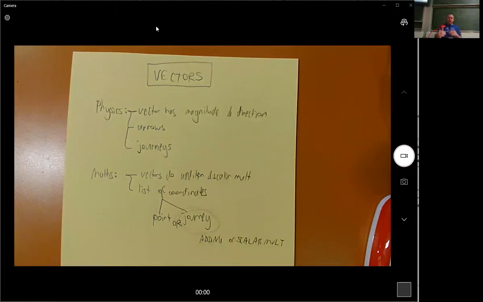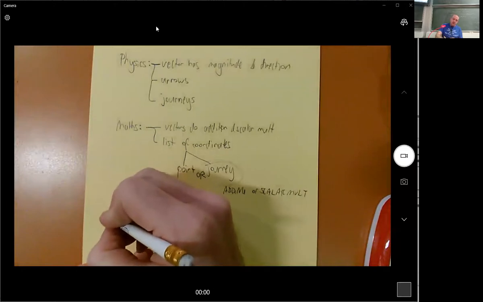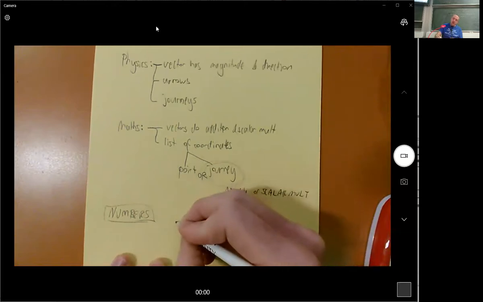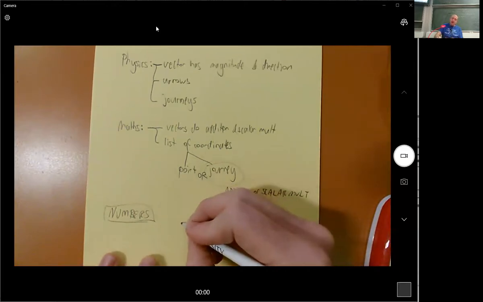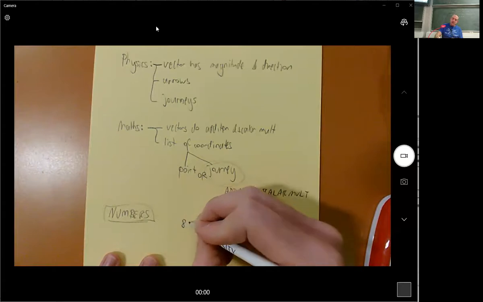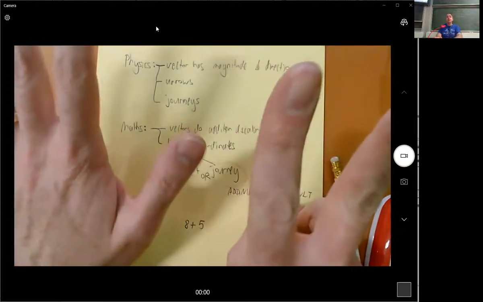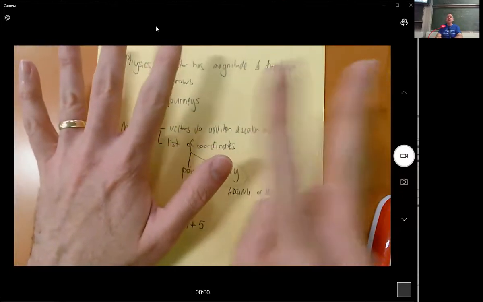In general, a vector is a list of coordinates. Now, you have seen this idea since you first learned about addition when you were like 8. Just for numbers, when you do 8 plus 5, you go, that's 8, and you run out of fingers when you add 5.